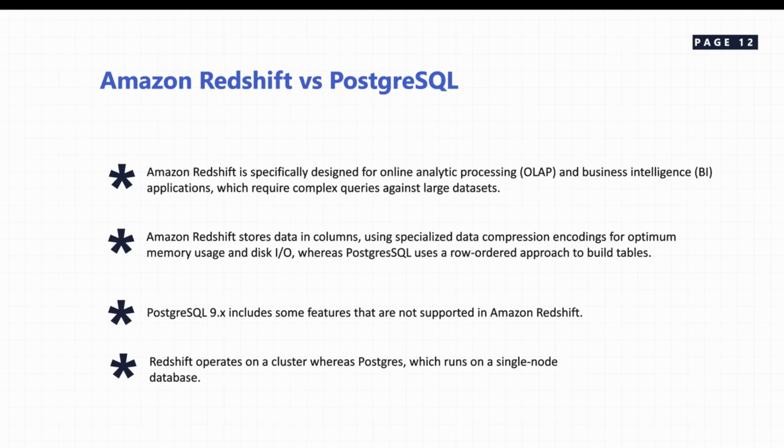And this second point is very important. Amazon Redshift stores data in columns using specialized data compression encoding for optimum memory usage and disk IO, whereas Postgres uses a row-ordered approach to build tables. Suppose we want to build a table, this PostgreSQL row-ordered approach will take a lot of time, whereas Amazon Redshift uses a column-ordered approach. They also use specialized data compression encoding techniques for optimum memory usage, which will help to optimize your query execution.